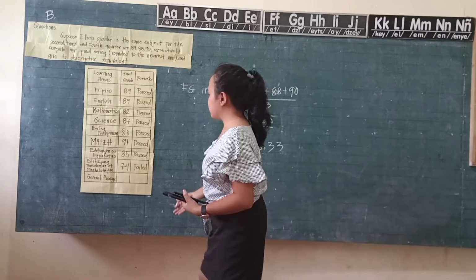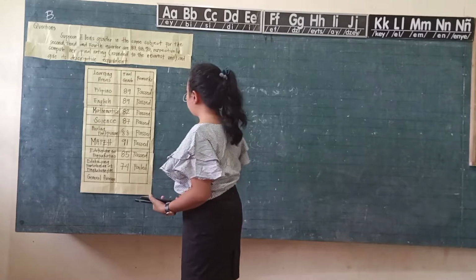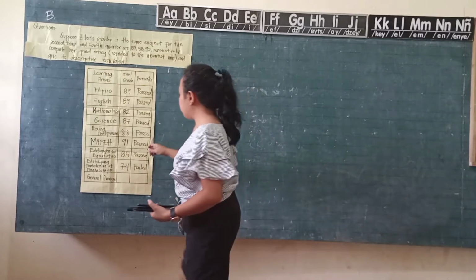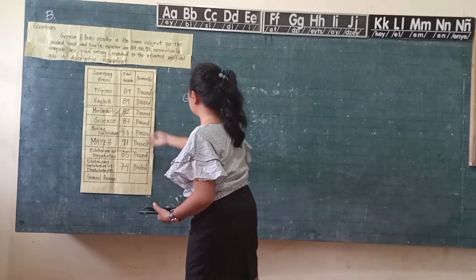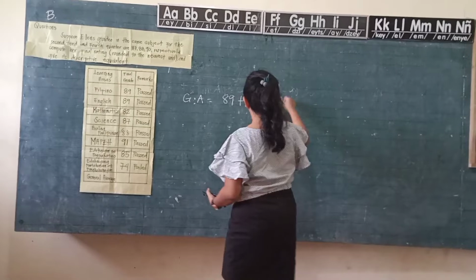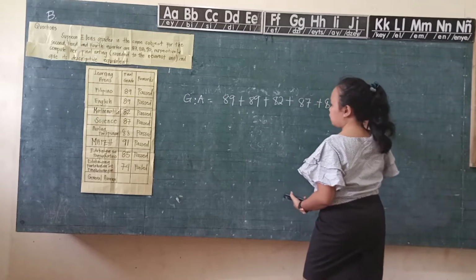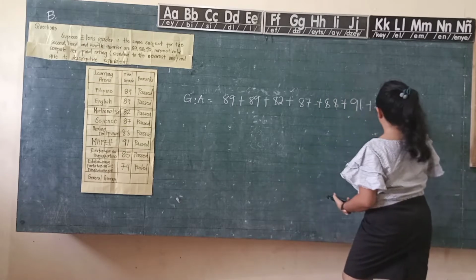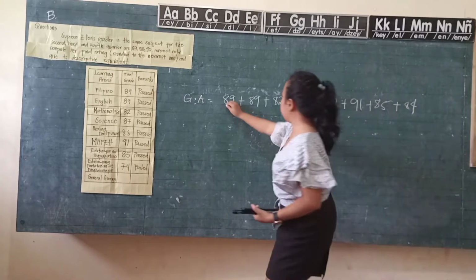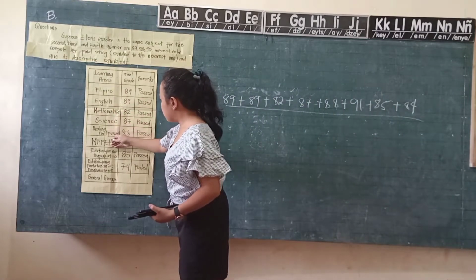Now we are going to get the general average of Ellen. We can get the general average by adding all the final grades and dividing by all the learning areas. So the final grades are 89 plus 89 plus 82 plus 87 plus 88 plus 91 plus 85 plus 54. So divided by all the learning areas, we have 1, 2, 3, 4, 5, 6, 7, 8.